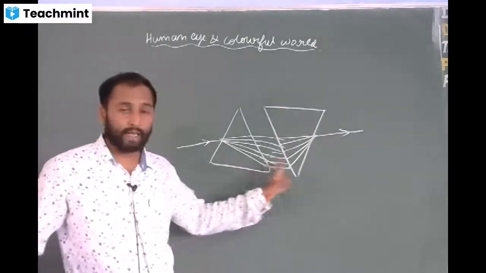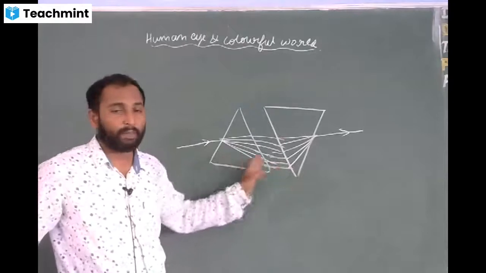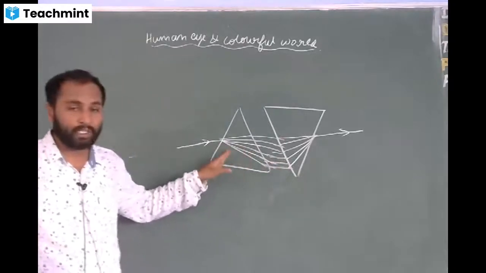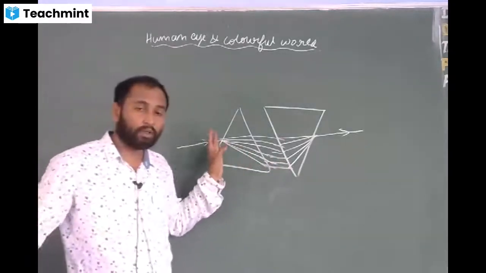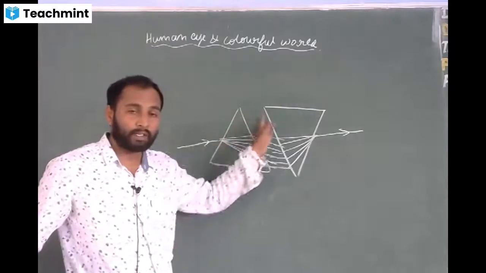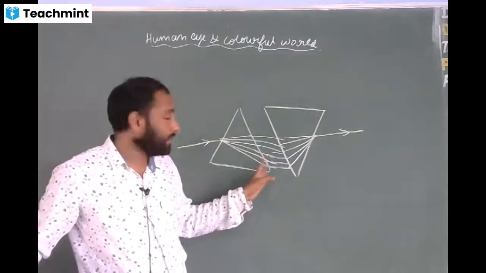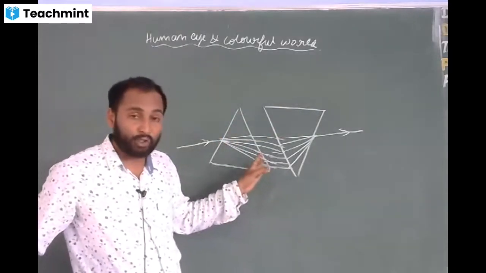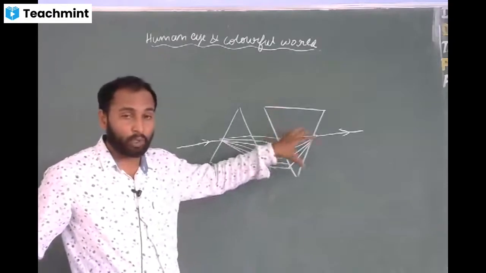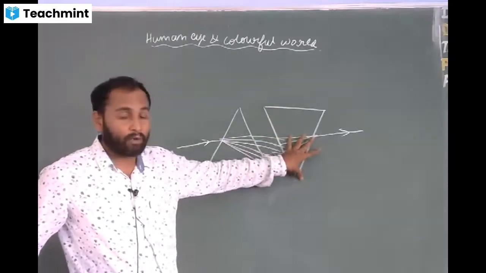So this is how he did the experiment. First he placed one prism and found that white light splits into 7 colors. Then he tried to split those 7 colors further by placing one more prism, but he couldn't succeed.